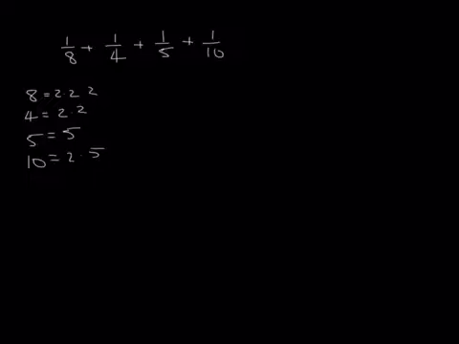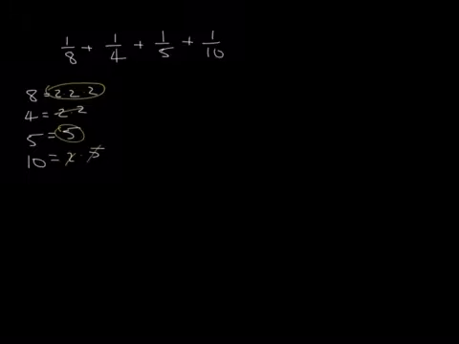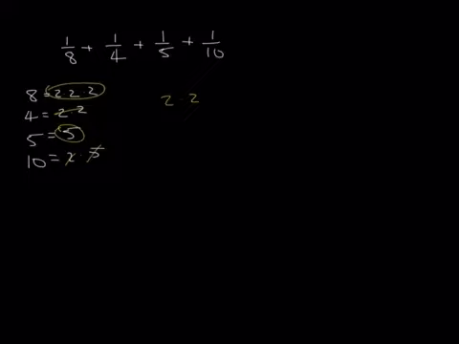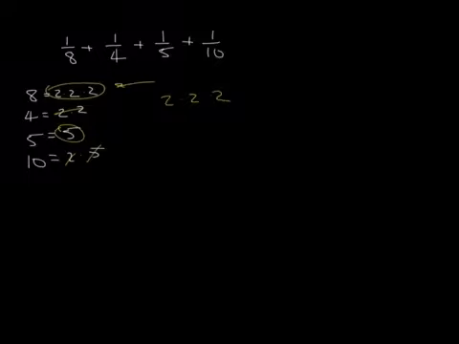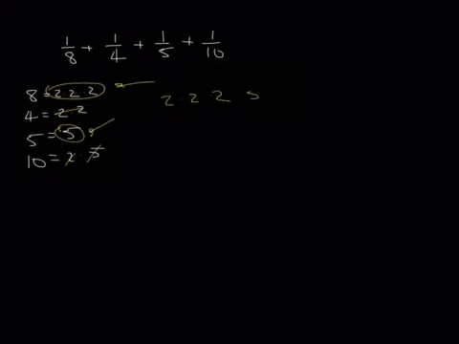And then remember, you're looking at each row and circling the ones that occur the most often. 2 occurs 3 times there, it occurs twice there, and once there, so we don't want those. 5, on the other hand, occurs once here and once here. So remember, circle 1, cross 1 out. So that leaves me with 2 times 2 times 2 from here, and this 5. So it leaves me with a denominator of 40.